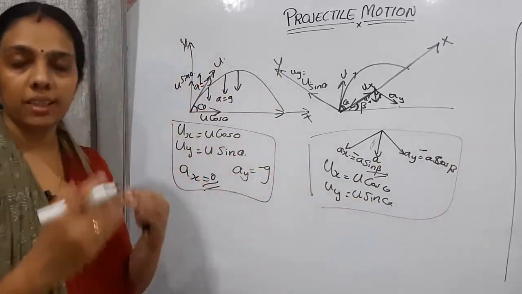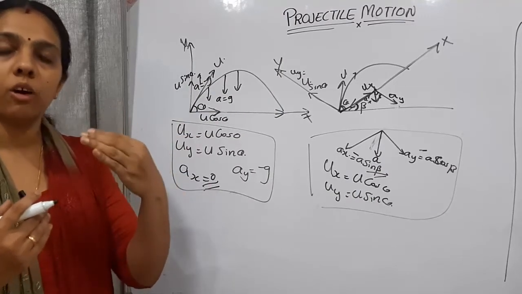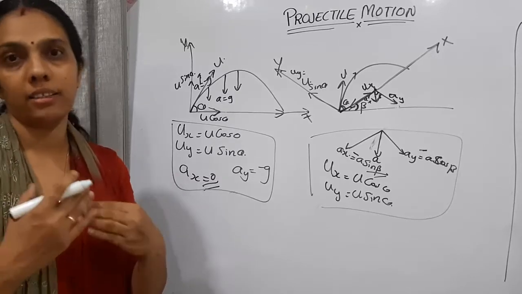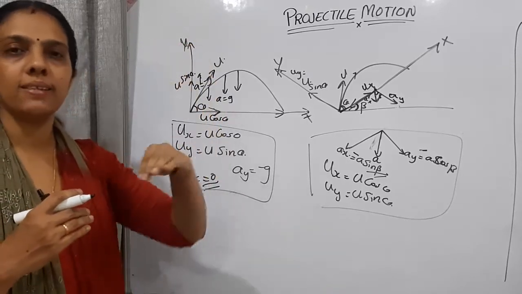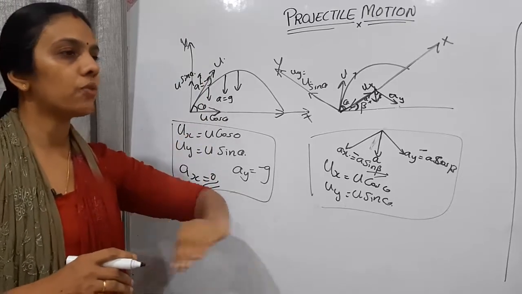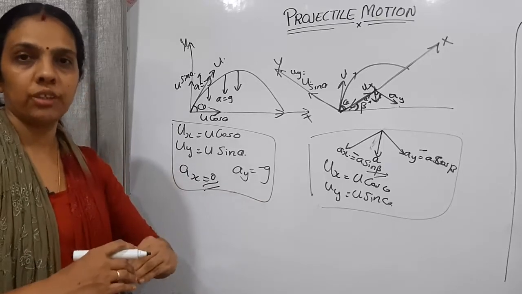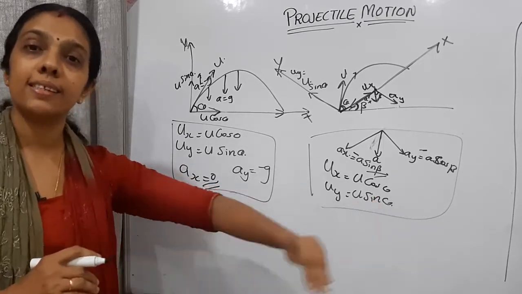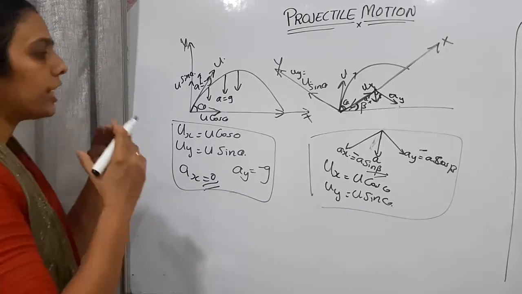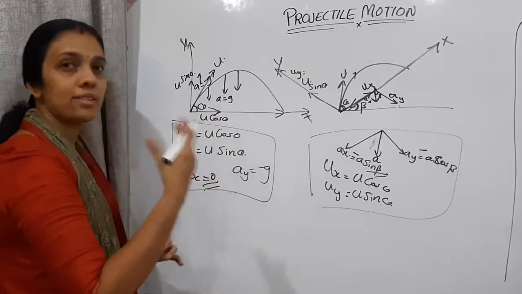After finding the components, we can substitute the respective values into any one of the equations of motion. If we want to find the height of the tower, in those cases we consider the y-axis. If they ask us to find the displacement from the original position, we consider the distance along the x-axis. Which equation we choose depends on the question they are asking.